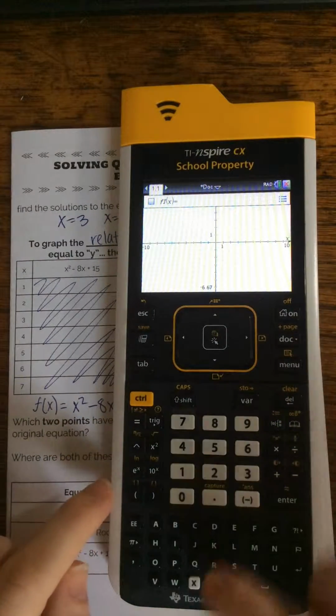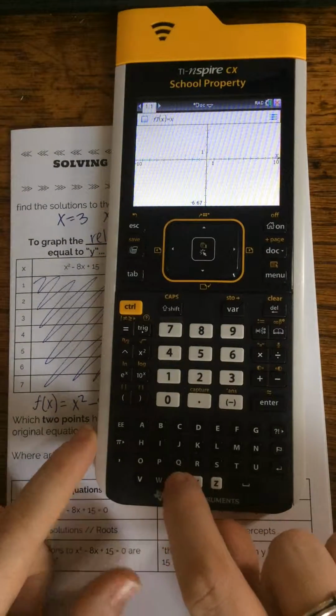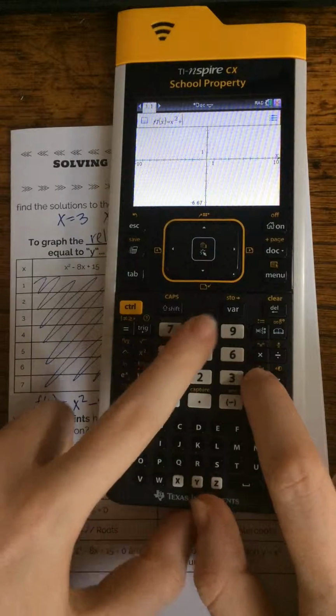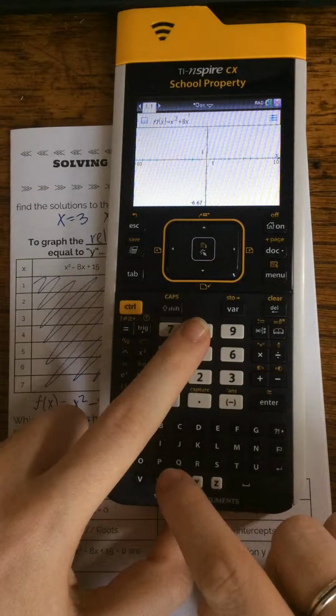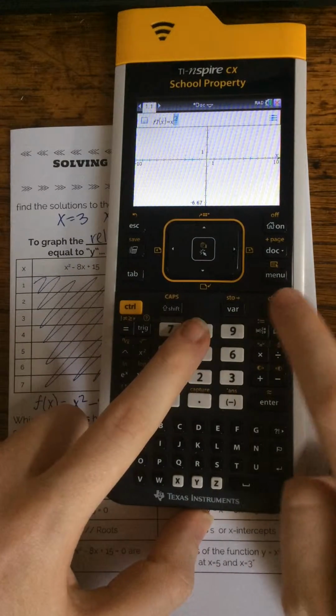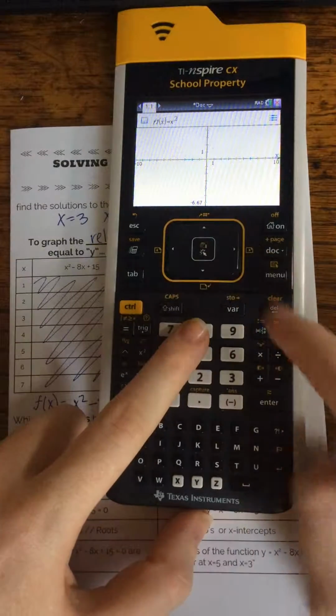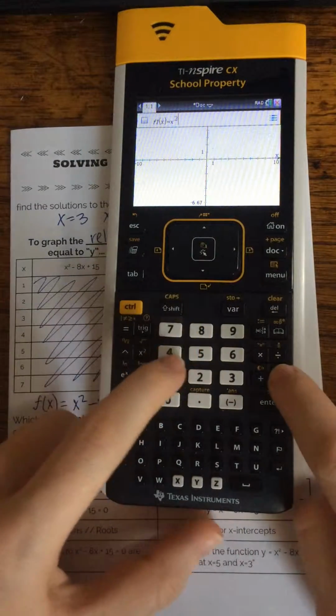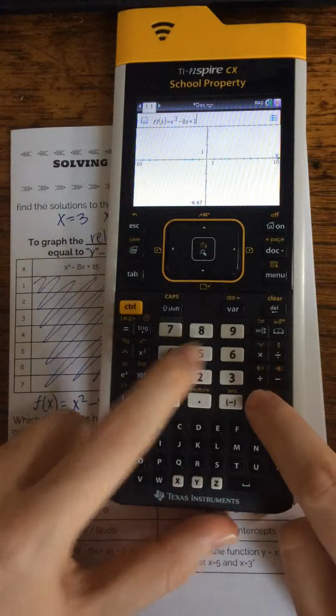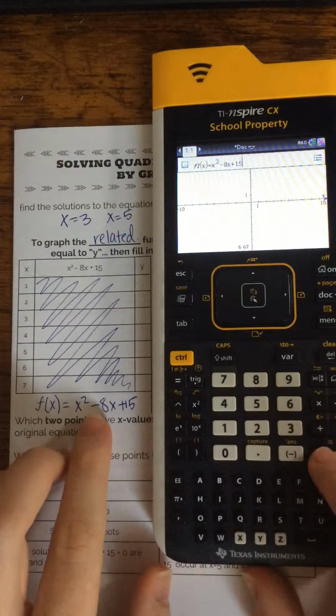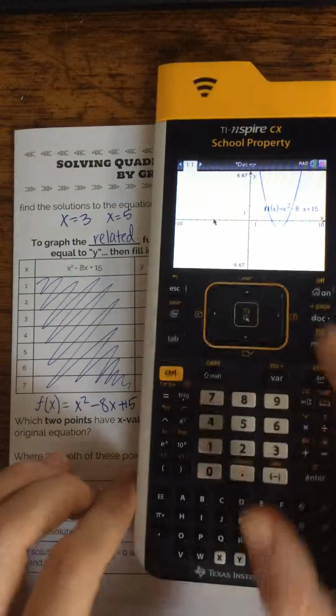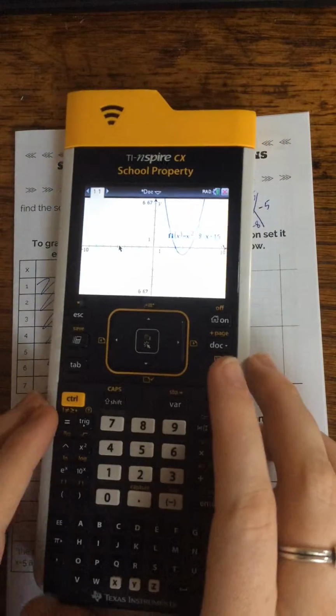So I hit x squared, minus 8x, and then plus 15. Okay. When you graph that, you get a parabola that looks like this.